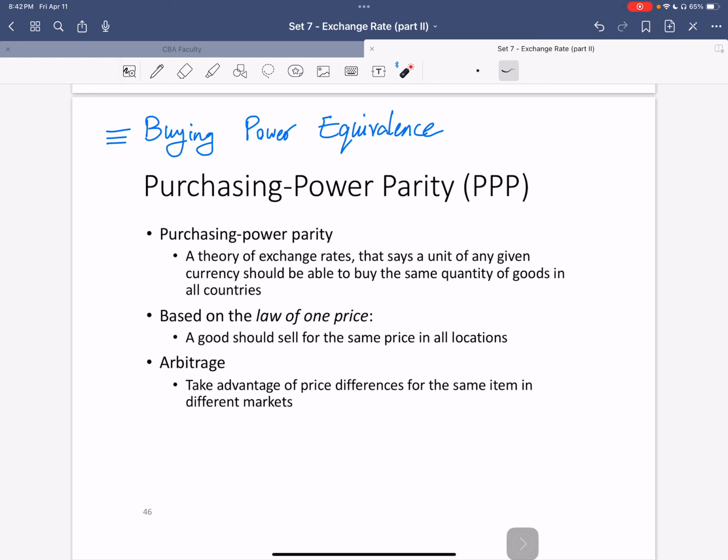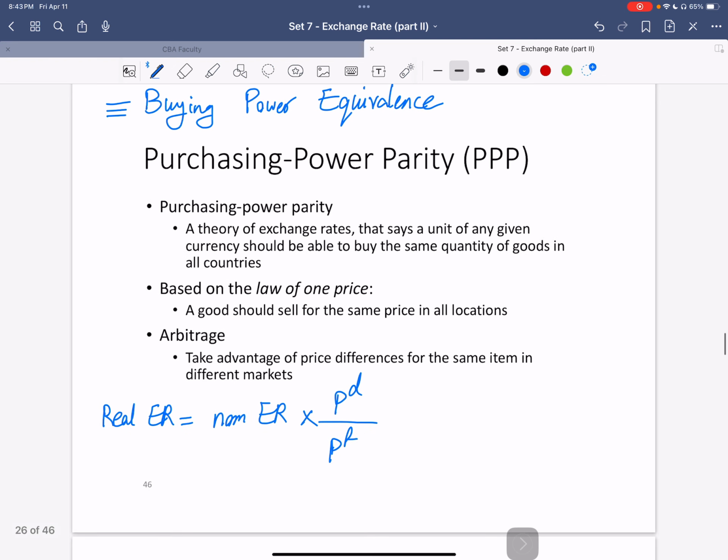So a unit of any given currency should buy the same amount of goods and services in all countries. It means that the real exchange rate is equal to one, right? We earlier learned that real exchange rate is equal to nominal exchange rate times level of the prices in the domestic country over level of the prices in the foreign country.